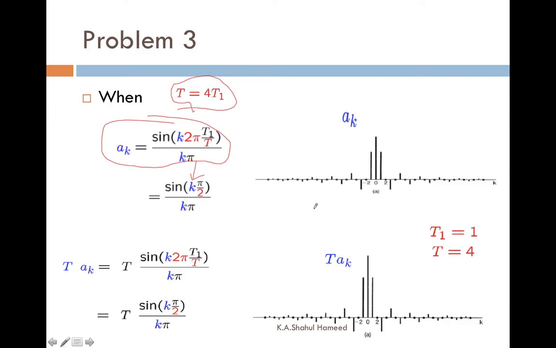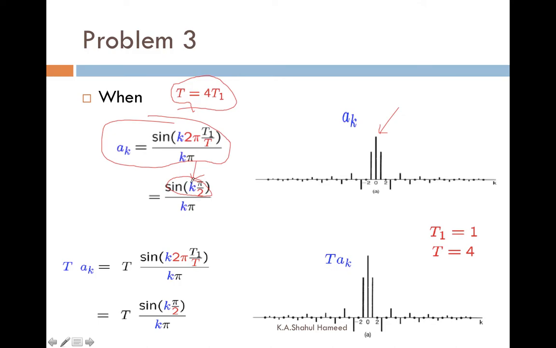For example, take this figure. When k is equal to 0, we have already determined a naught as 2 T1 by capital T. When we substitute k is equal to 1, the sine term becomes 1 by pi, and when k is equal to minus 1, again 1 by pi.